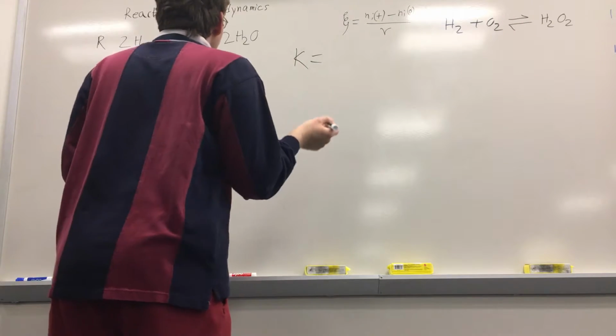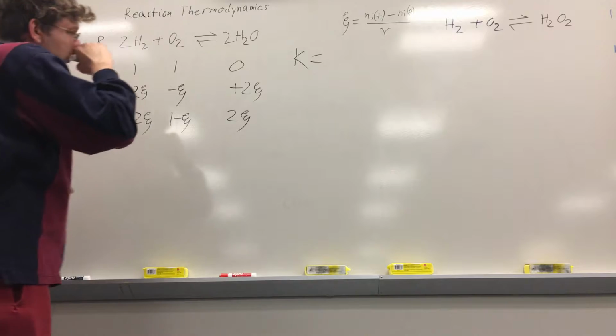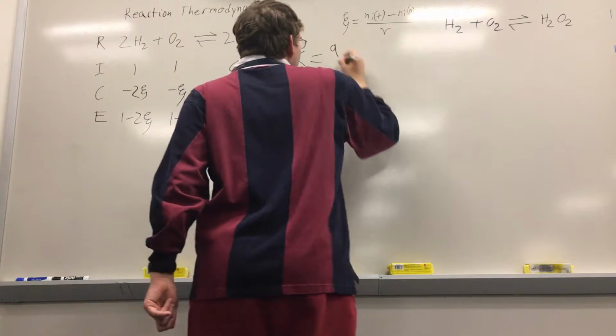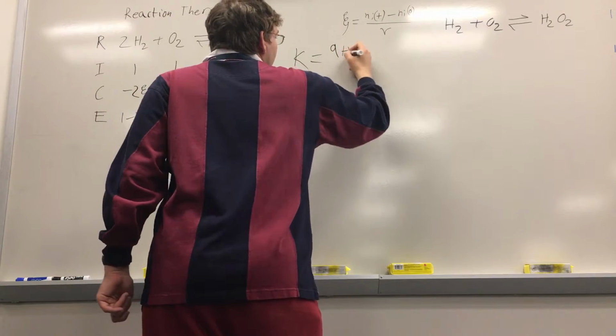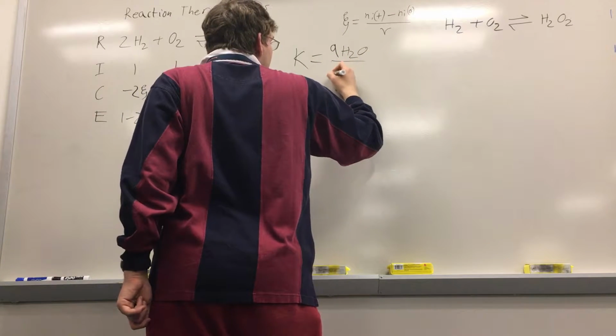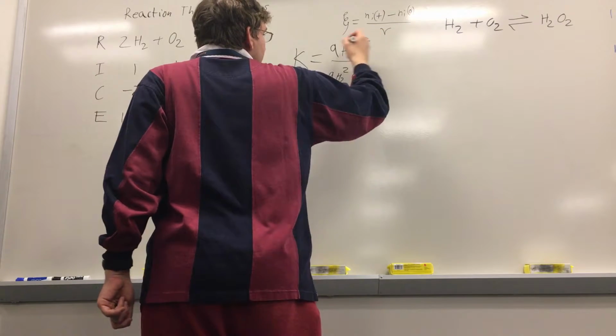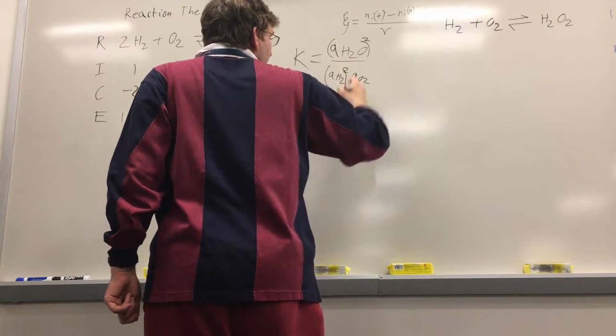So if it's greater than 1, we have more products. If it's less than 1, we have more reactants. So how it's written, if you remember thermodynamics, is we just do the ratio of the activities raised to their stoichiometric coefficients, like that.